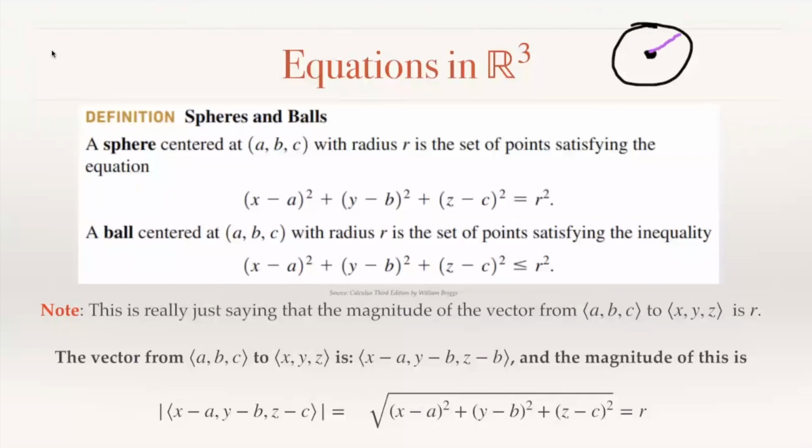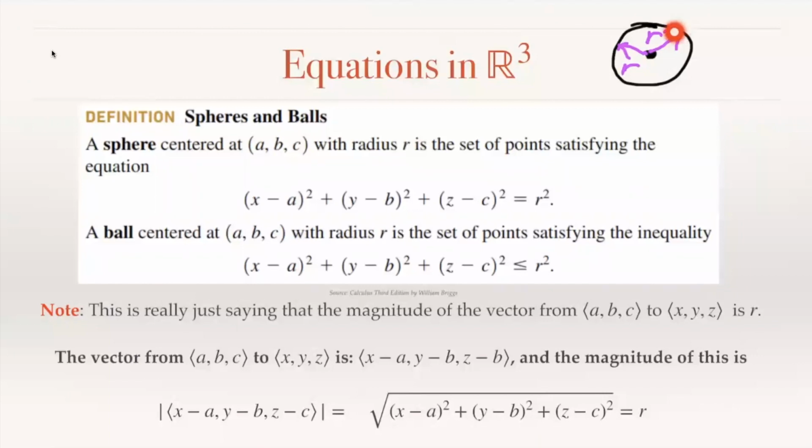Everywhere on this circle, we are of distance r away from the center. So in other words, a circle is the set of all points of distance r from its center. And similarly, a sphere is the set of all points of distance r from its center, just in 3 dimensions.